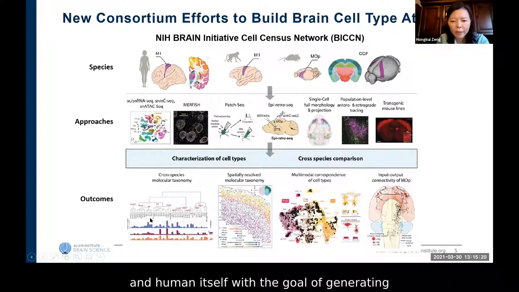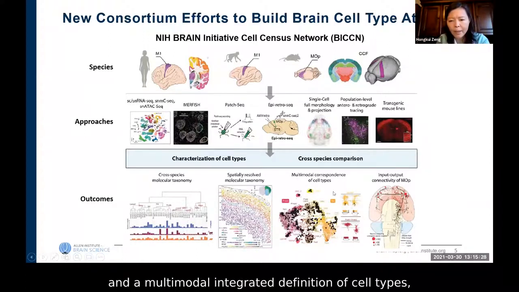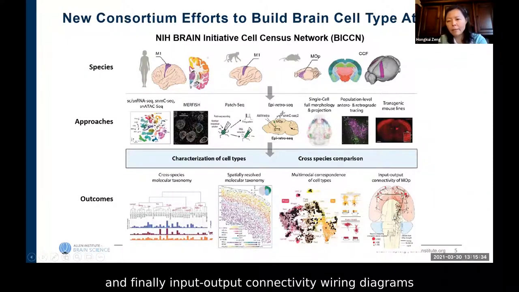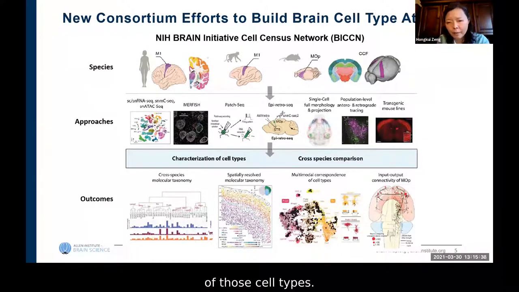With the goal of generating molecular taxonomies across species, spatially resolved molecular taxonomies, and multi-modal integrated definition of cell types, and finally input-output connectivity wiring diagrams of those cell types.